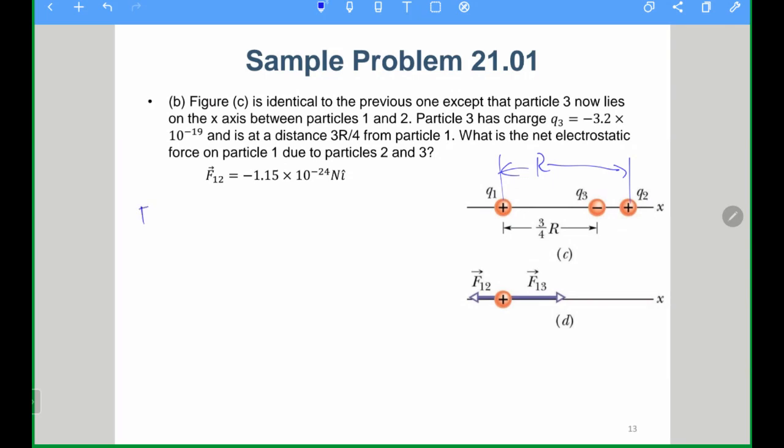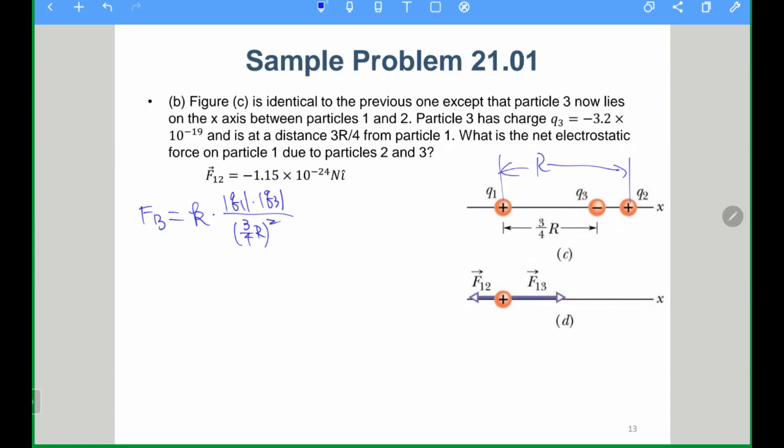And here we calculate F13. We can write it as 1/4 pi epsilon naught, but we can also simply write it as K. So it is K times the absolute value of Q1 times the absolute value of Q3 over the distance, which is not capital R anymore. The distance should be 3/4 of R, quantity squared.